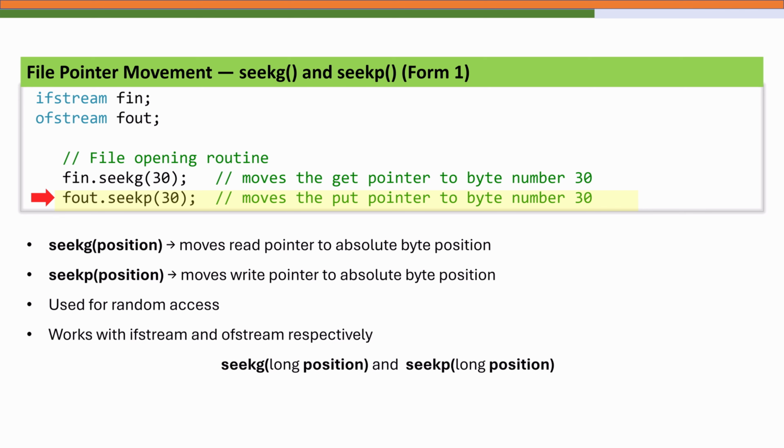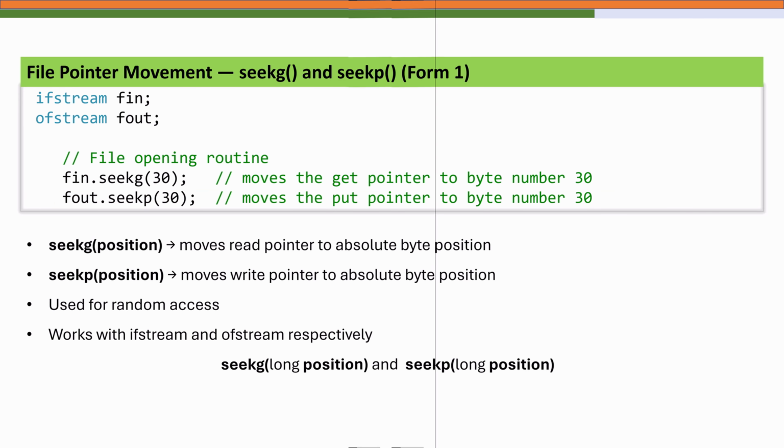For example, when we store a list of fixed size records such as student objects or employee data, we can calculate the exact byte location of any record and jump right to it using seekg or seekp. So seekg moves the get pointer for reading and seekp moves the put pointer for writing. And in this first form, both functions move to an absolute byte position in the file.